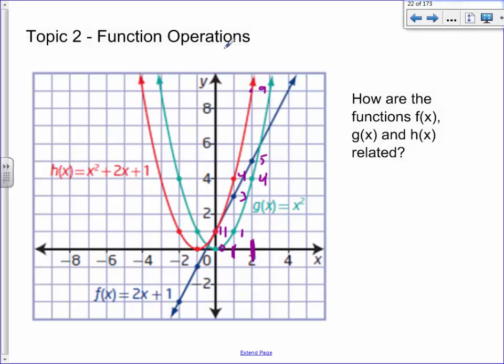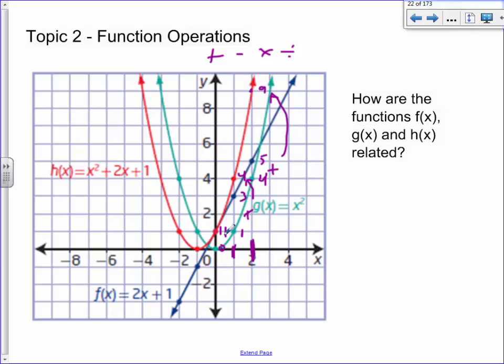Okay, the title of today's notes is operations. What does operations mean in math? Add, subtract, multiply, divide. 4 plus 5 equals 9. 1 plus 3 equals 4. 0 plus 1 equals 1.